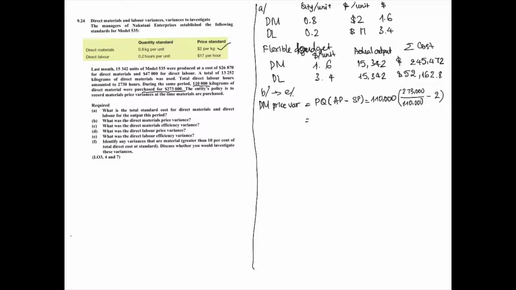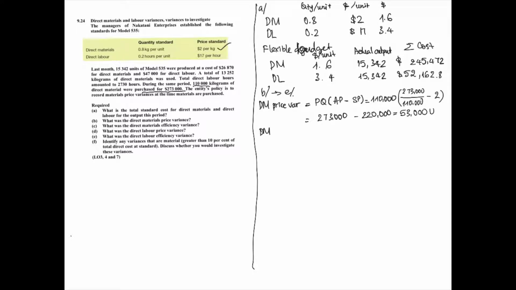If you times this 110,000 with the bracket, you arrive at 273,000, and you minus 220,000 and equal 53,000. So in this case, we know that this is unfavorable, because we actually pay more than we should have paid at the standard price.